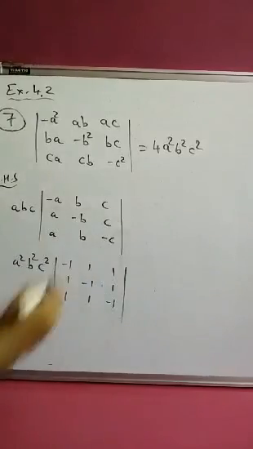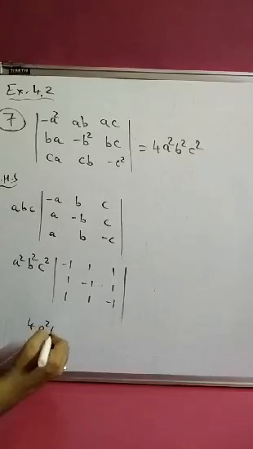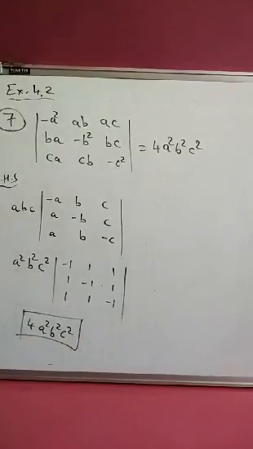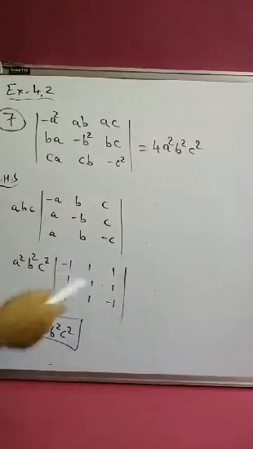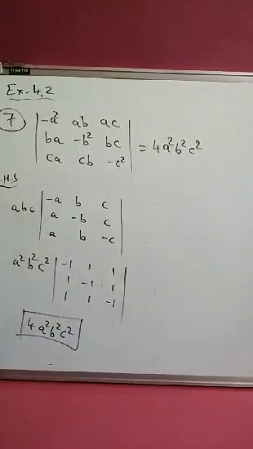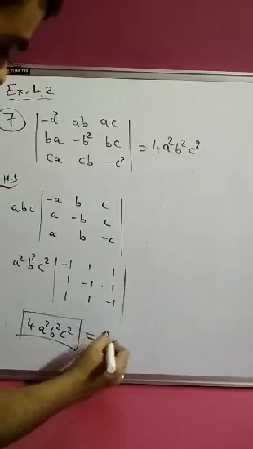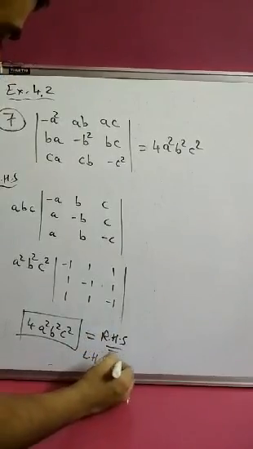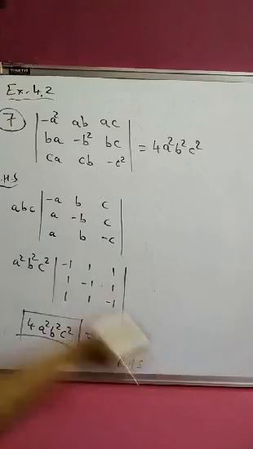You can perform the calculations yourself, using R1 plus R2, R1 plus R3, whatever. You will get the answer 4A square B square C square, which is equal to our RHS. So that is our required answer. Therefore LHS is equal to RHS.